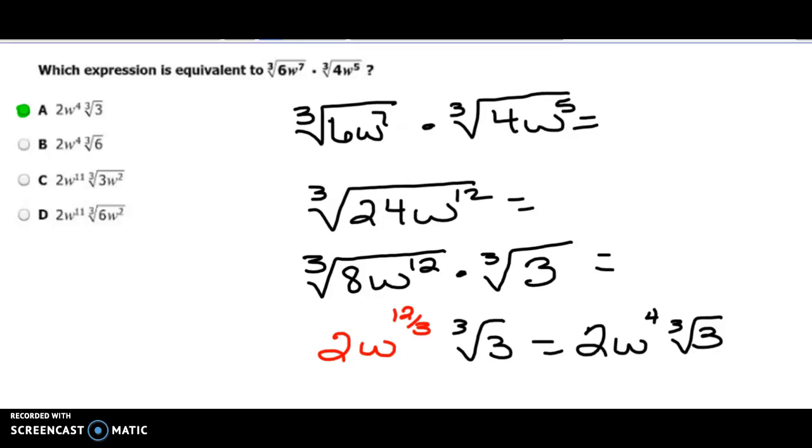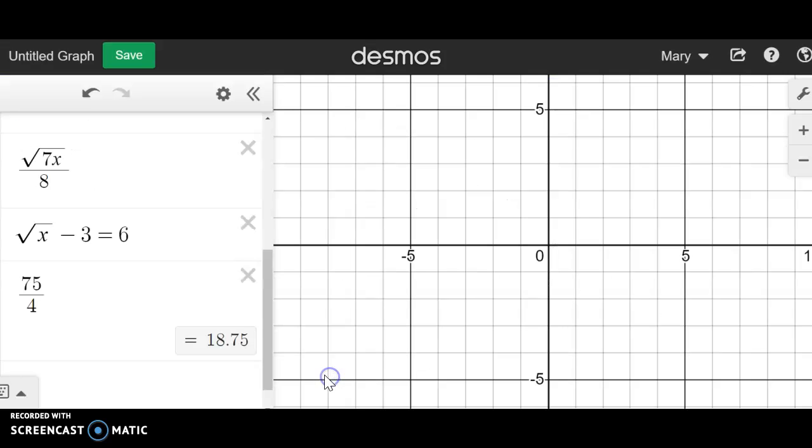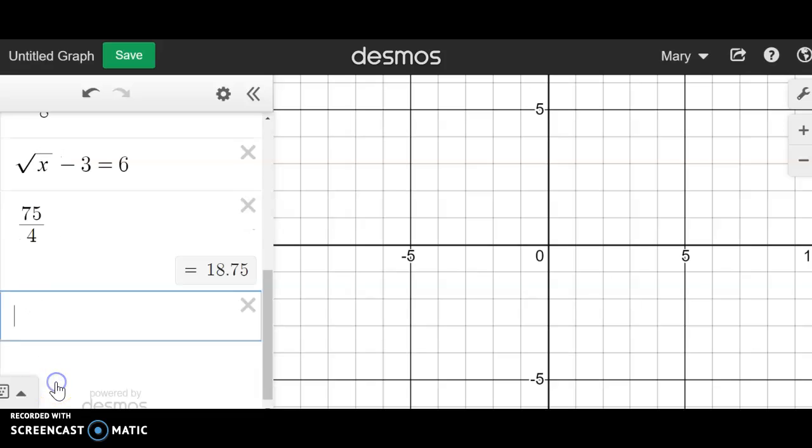If we go to Desmos, we can look at the problem that we have and plug it in. So let's go to Desmos, and we have the cube root of 6w to the 7th, and I'm just going to leave it as x. And how do we get anything that's larger than a square root?